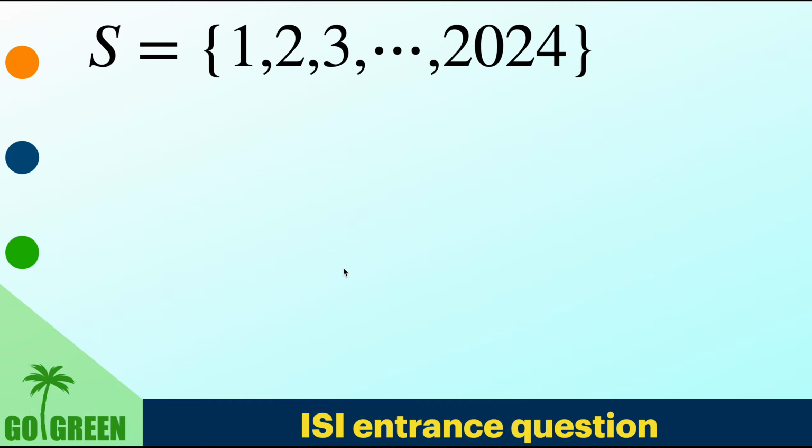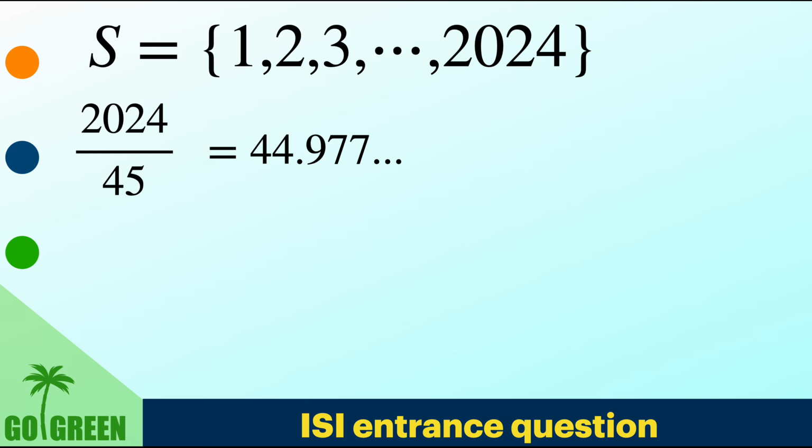It can very easily be checked. So S is this list, right? So if we just divide 2024 by 45, what we get is 44.977, right? So in this case, clearly, if we multiply 45 by 45, that will be a number which is bigger than 2024, right?